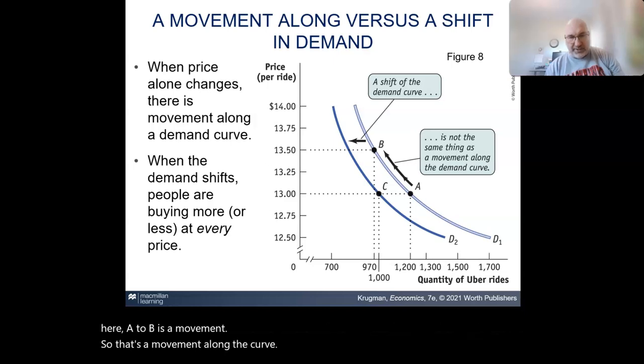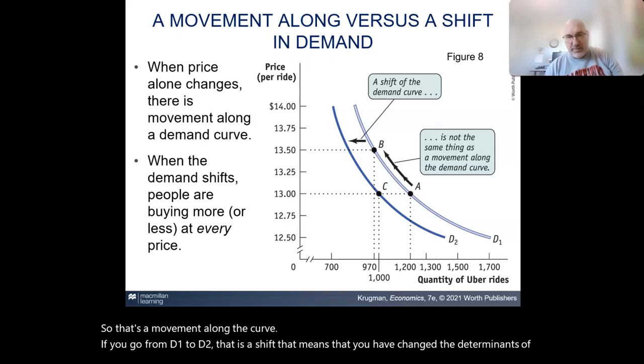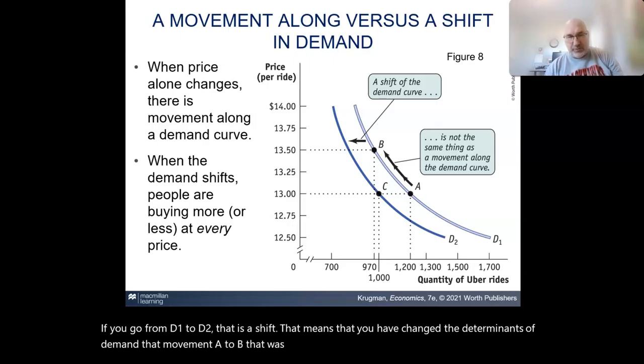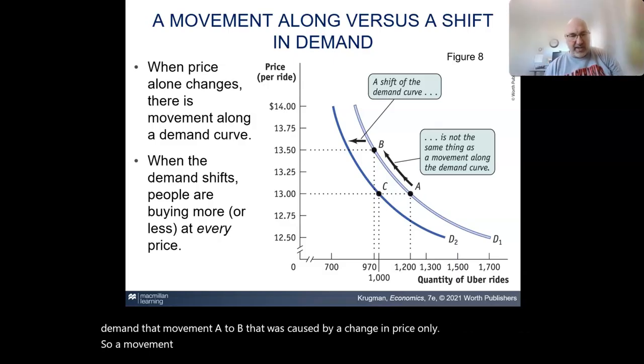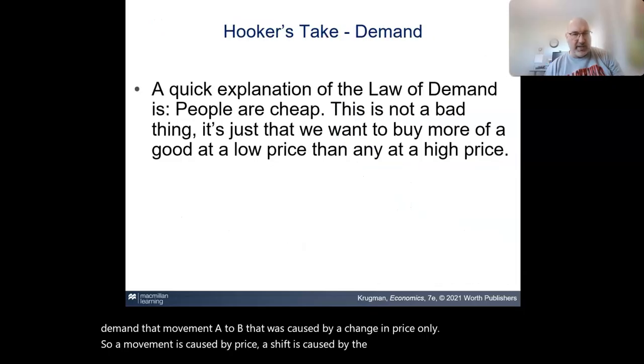If you go from D1 to D2, that is a shift. That means you have changed the determinants of demand. That movement A to B was caused by a change in price only. So a movement is caused by price. A shift is caused by the determinants of demand.